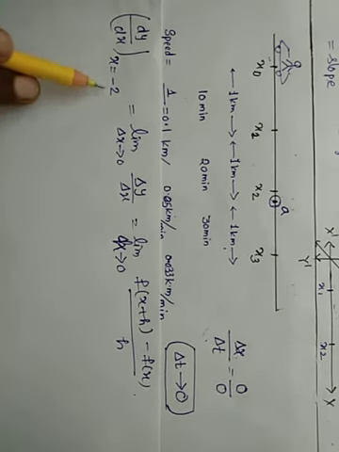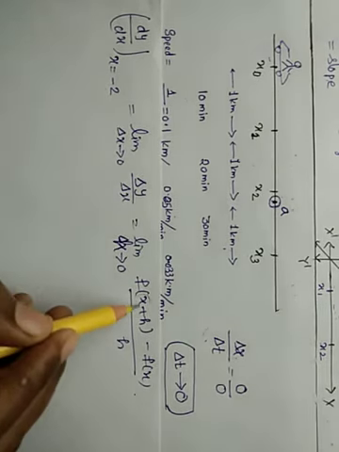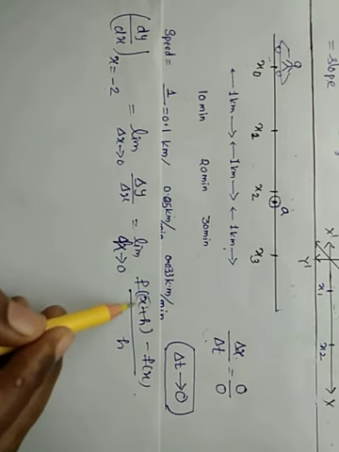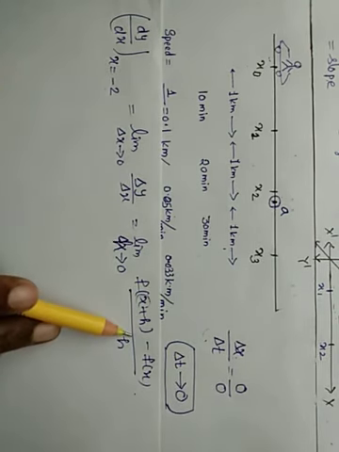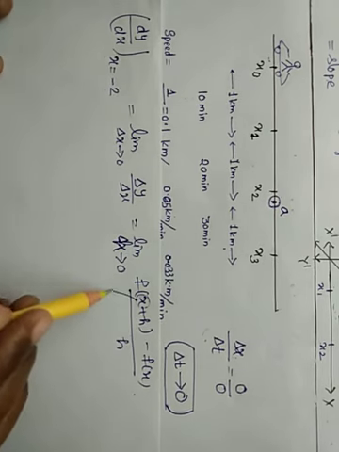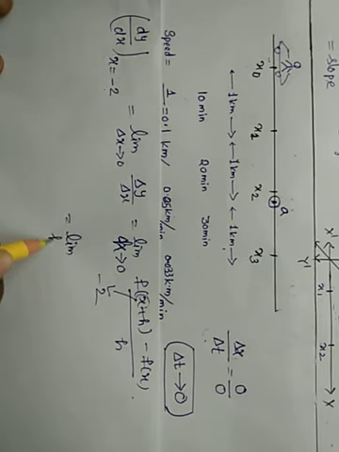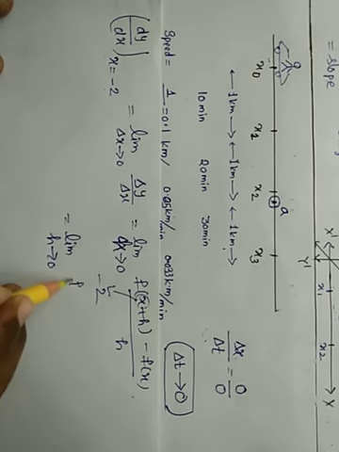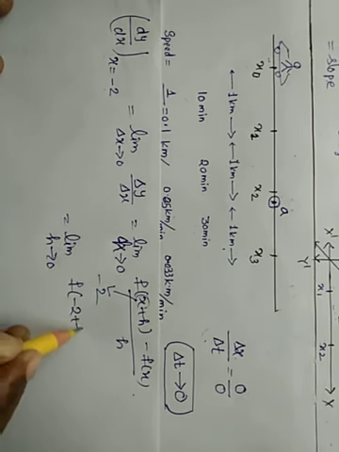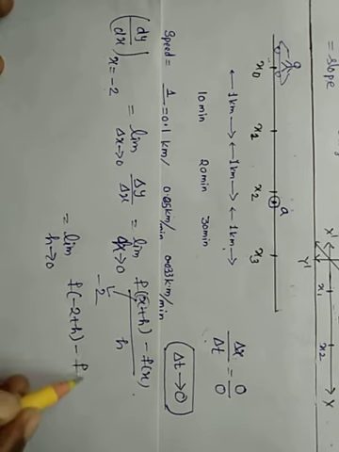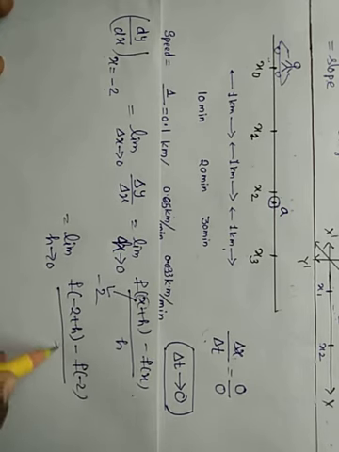But when I am taking x equal to minus 2, this x will be replaced by minus 2. It was in general, but in this case we will replace x by minus 2. So I will write the limit h tends to 0, f of minus 2 plus h minus f of minus 2 divided by h.